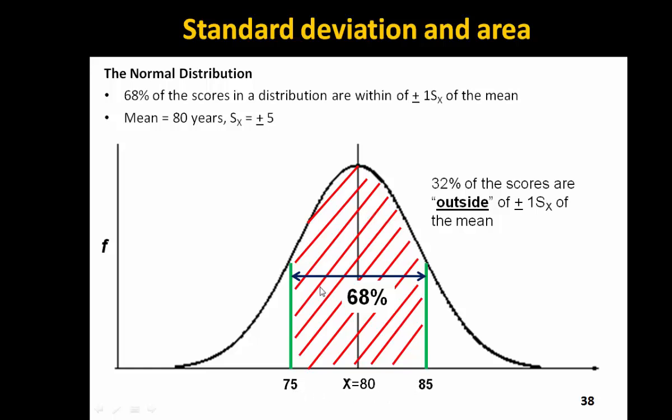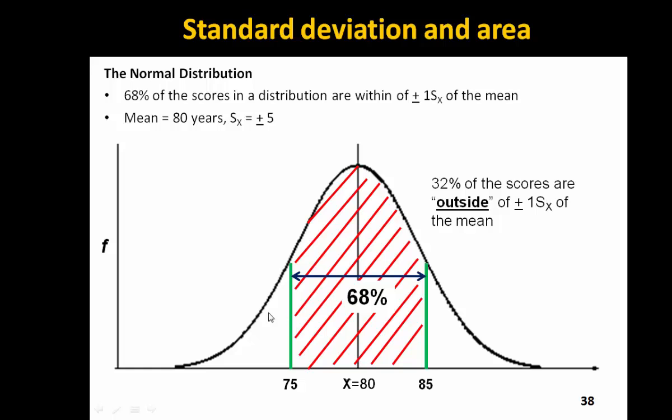Given the fact that one standard deviation captures approximately 68% of all the scores, we can also conclude that 32% of the scores reside outside of the standard deviation, as we approach the positive directed tail and the negative directed tail.